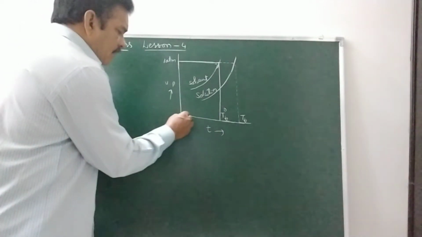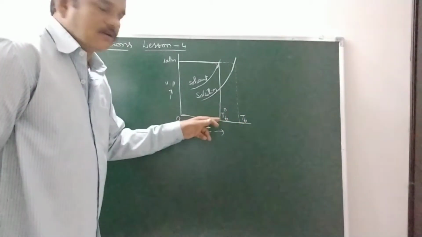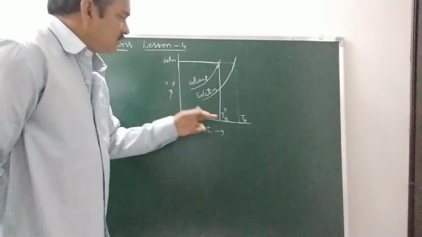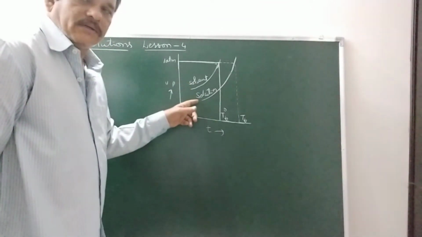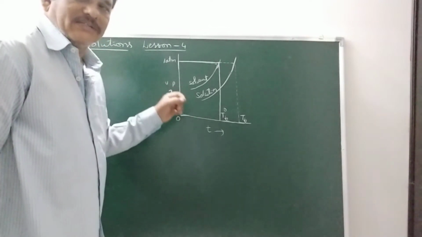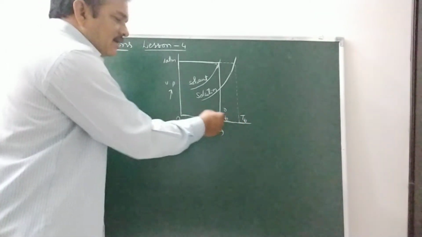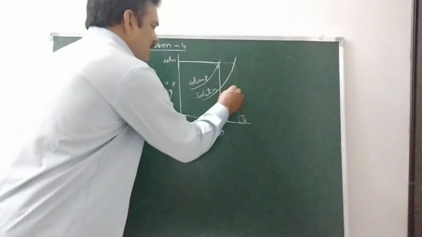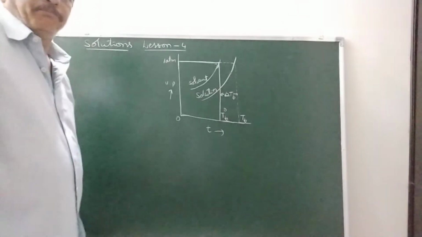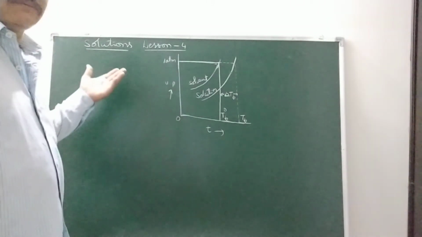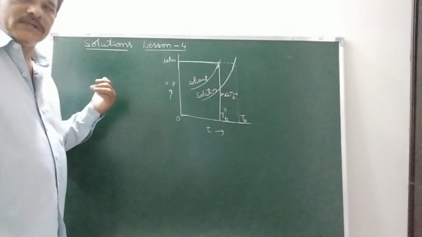So boiling point increases when a non-volatile solute is dissolved. The difference between TB and TB naught is called delta TB, that is called elevation in boiling point. Of course, we derived the equation for TB and M2 also.